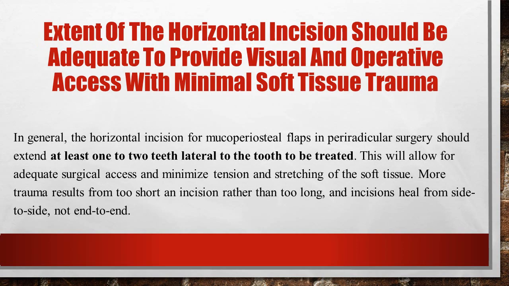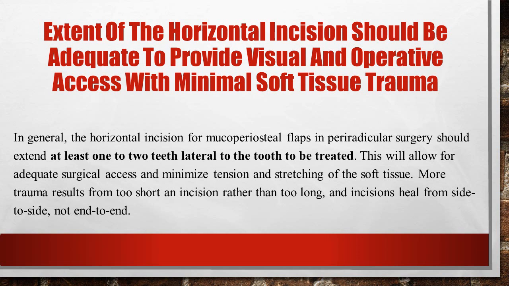The extent of the horizontal incision should be adequate to provide visual and operative access. This is what I was talking about. So let us assume your maxillary right lateral incisor is the tooth of interest, and you have a periapical lesion for it.